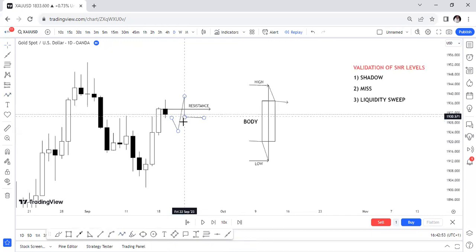Once you see a wick there, that is simply a price rejection of the resistance level. As you see it like that, price starts coming down, coming down, no longer with a body, but with a wick.